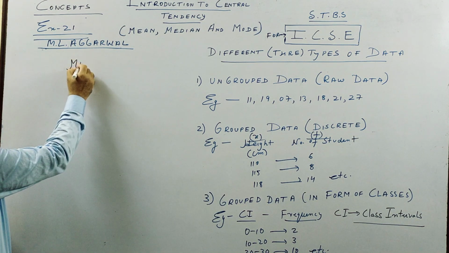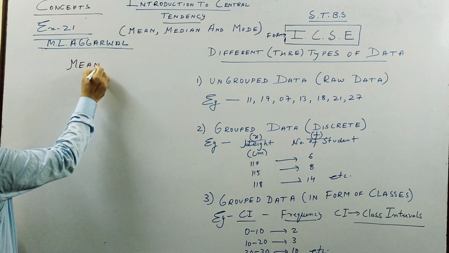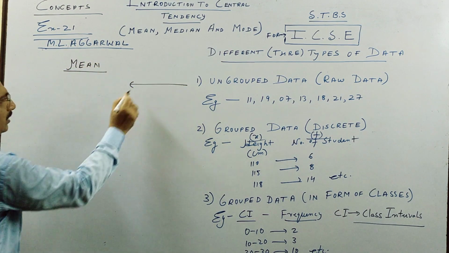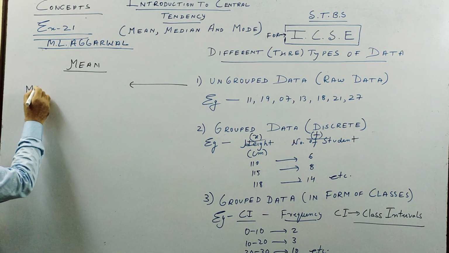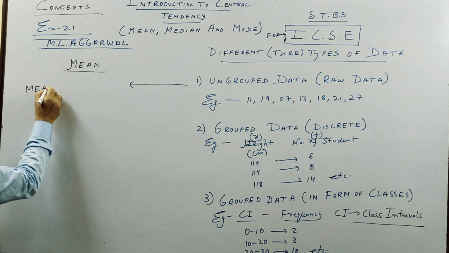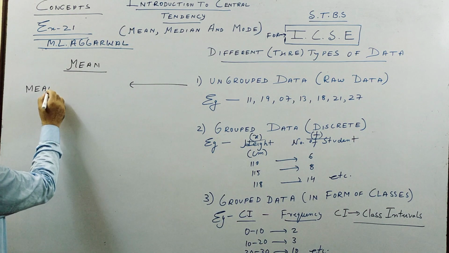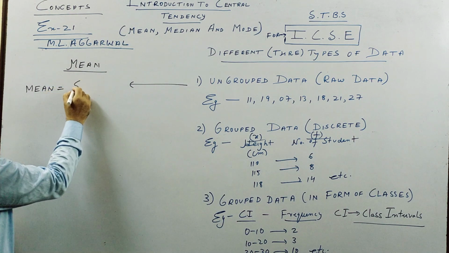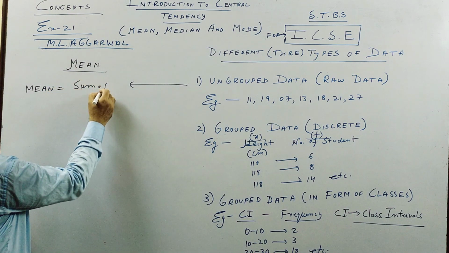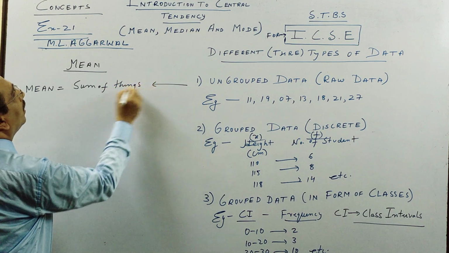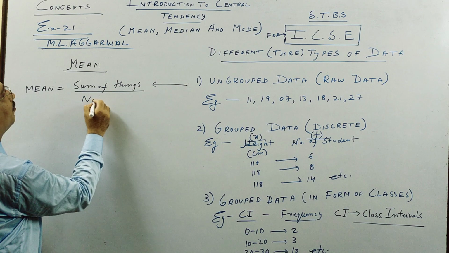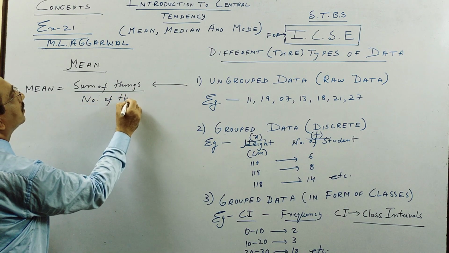First one is called mean. Mean, children, if you want to find for this ungrouped data, mean is sum of things by number of things.